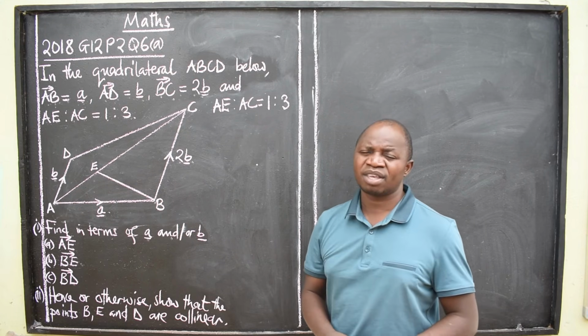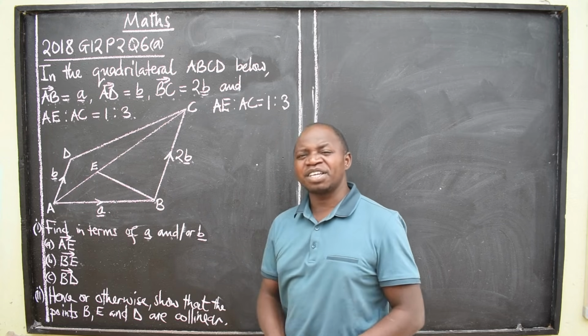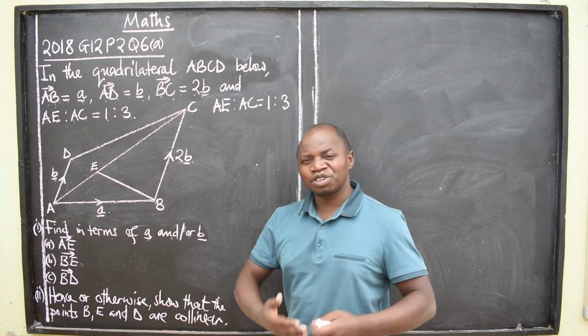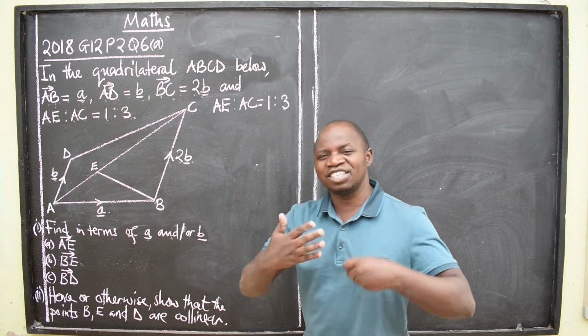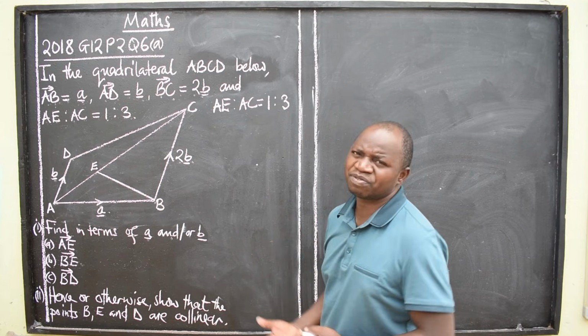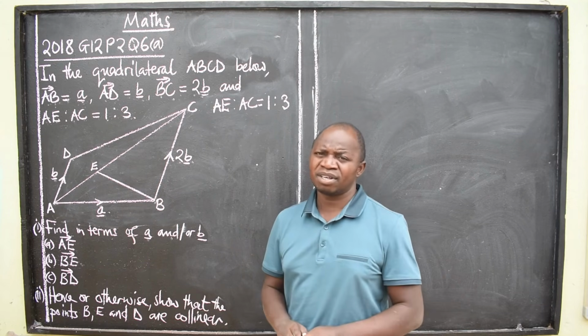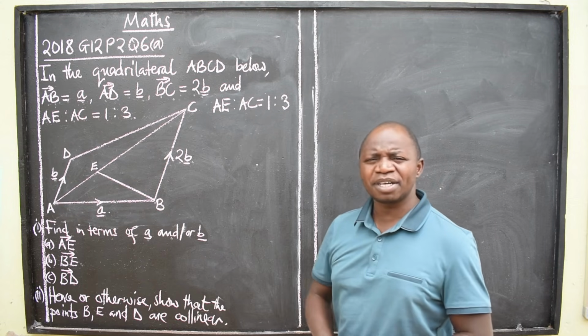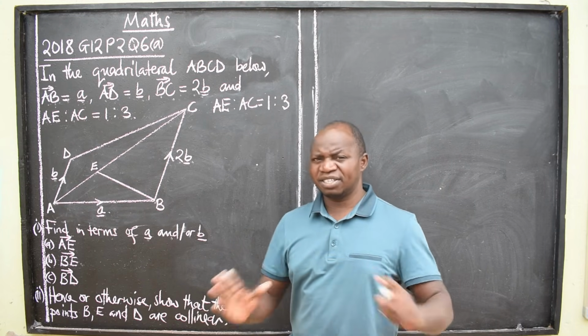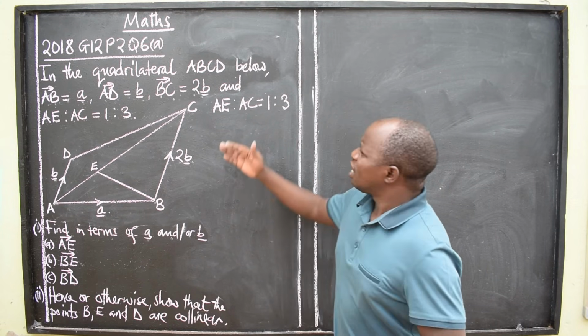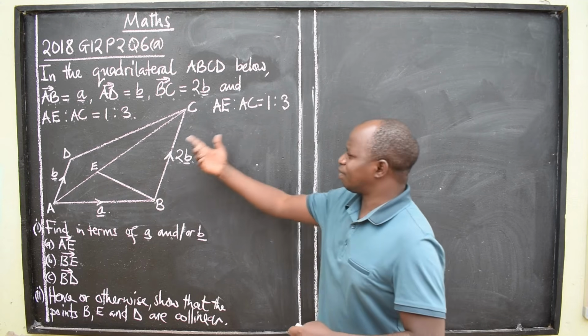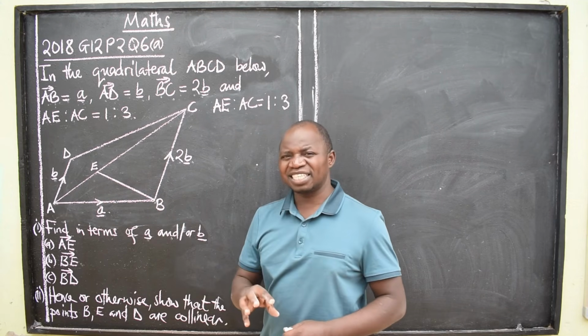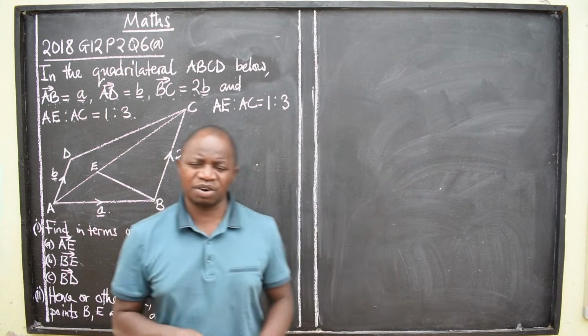No. It can also be given in fraction. So don't say I did not tell you. When you see it in fractions, the application is the same. Whether it is written in this format or the fraction form, it is the same. How do you interpret this ratio here? That is now the question you need to ask yourself.